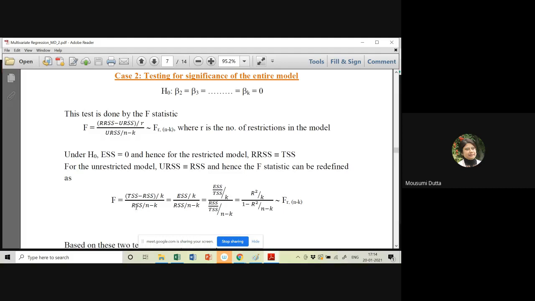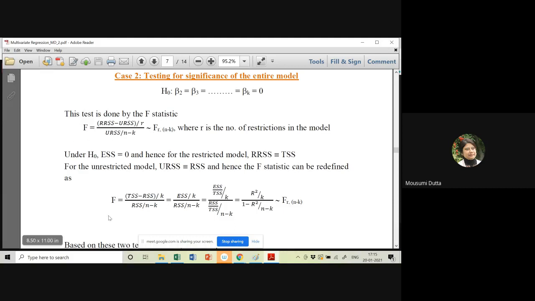So for a multiple regression, if you have knowledge only about R squared, or somehow you are able to calculate R squared, then you will be able to frame your F statistic. If you have information on restricted RSS and unrestricted RSS, you have to go by the earlier formula.